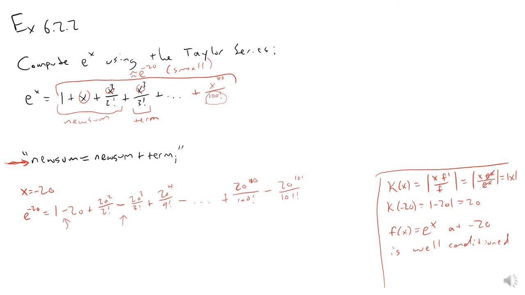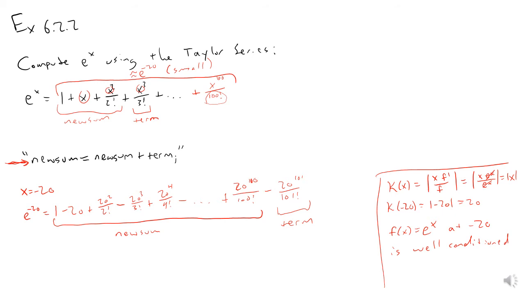Now think about what we have here. When we do this, new sum equals new sum plus term. If this whole thing here was our previous sum from the last time through the loop, and then we're subtracting off our next term, we know that our new sum out to, let's say, 100, is going to be pretty close to the actual answer for e to the negative 20 if this is done analytically.